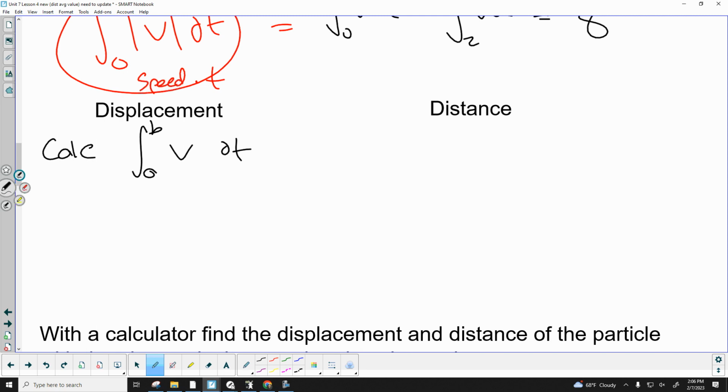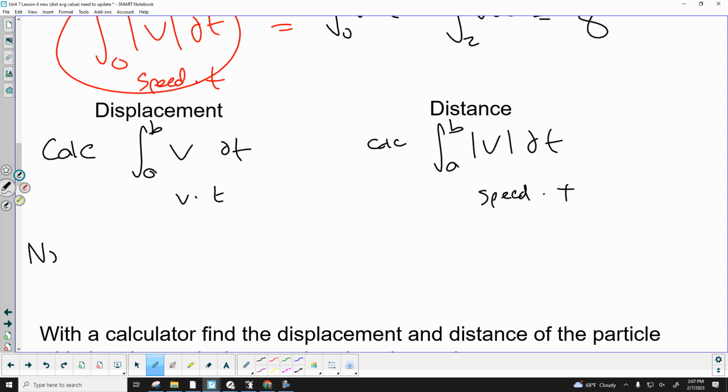You're done. You want to find a distance? Great. If I have a calculator, I would just plug this into my integral with the absolute value and do zero analysis, because the plain integral will do velocity times time in a calculator. This will do speed times time.